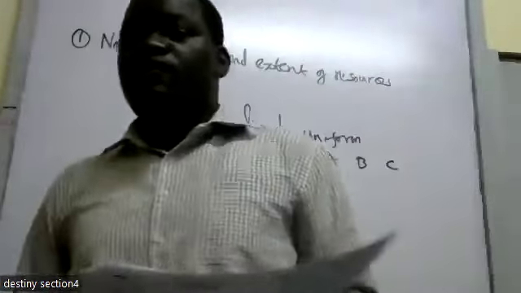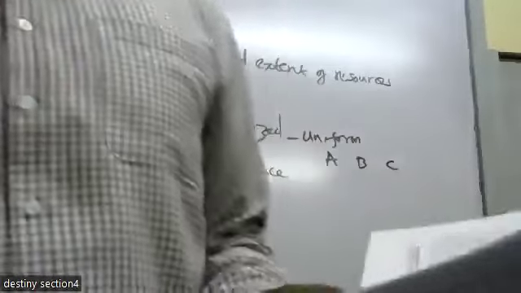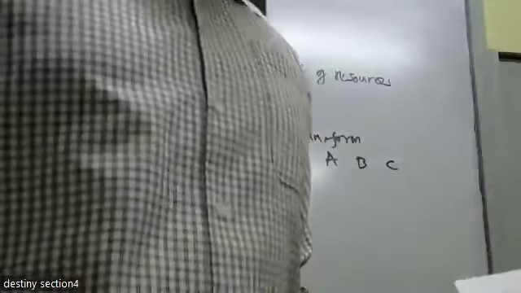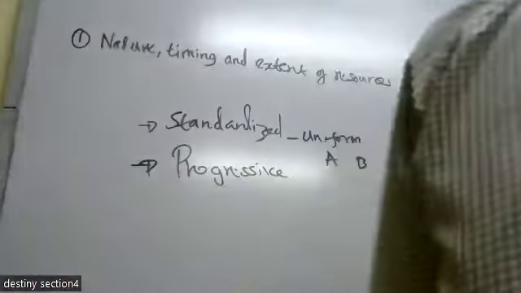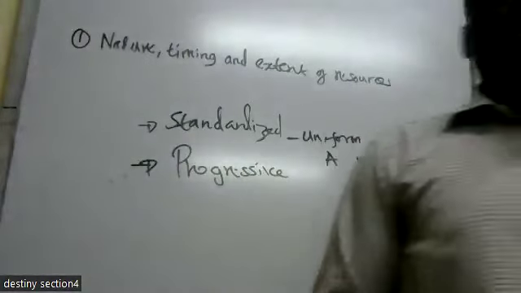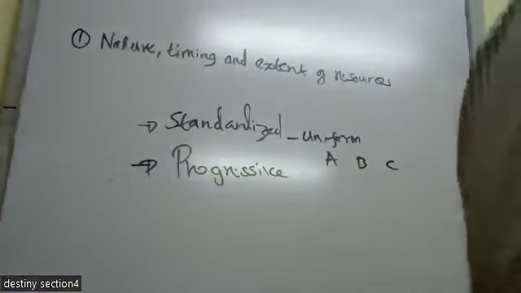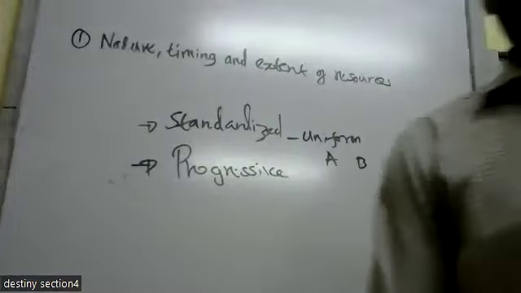So some days when we ask what these substantive procedures are: substantive procedures are normally performed for the classes of transactions and balances. These are the audit procedures we perform on the classes of transactions and balances to confirm whether they are accurate, complete, and valid.